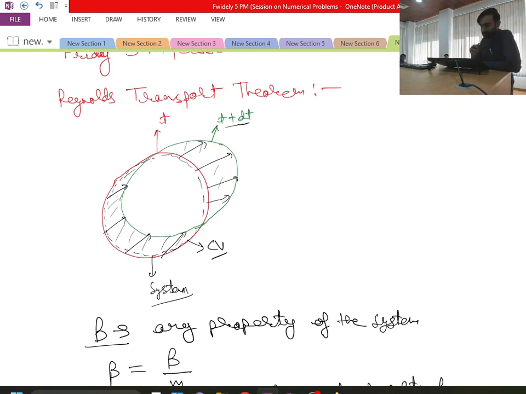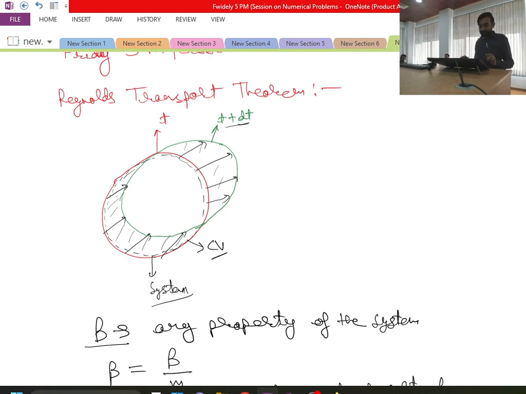So if this is a fixed control volume, then the inward arrows on the left show the portion that has entered the control volume, and this portion over here is the portion that has gone out of the control volume in time period dt. Is this point clear?